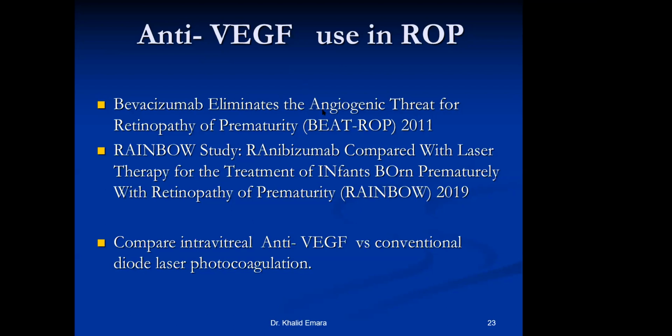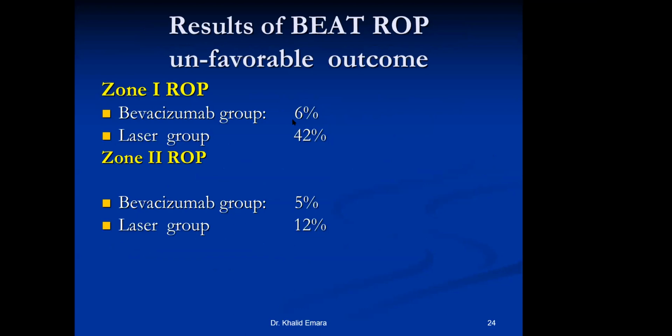Both of these landmark studies compared the use of anti-VEGF against laser in type 1 ROP. Type 1 here means the pre-threshold ROP. And the results of both showed that in zone 1 disease, anti-VEGF is superior to laser treatment.